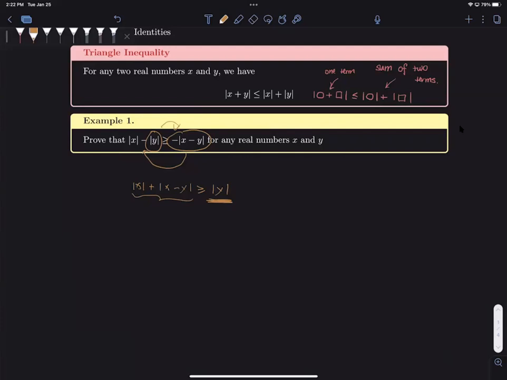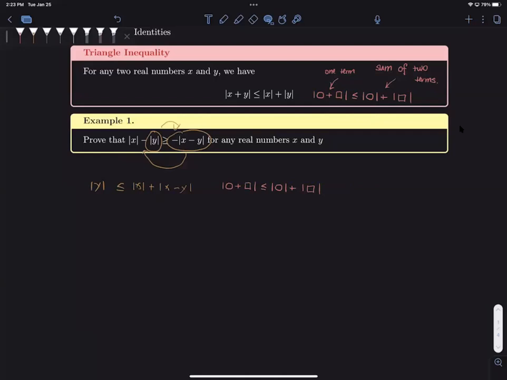Now I'm going to say that this looks like the triangle inequality. So I'm going to move this to the other side so that it looks more like the triangle inequality. So this is just y, right? Okay, so this is what I need to prove, and this is my triangle inequality. I'm going to leave it here.